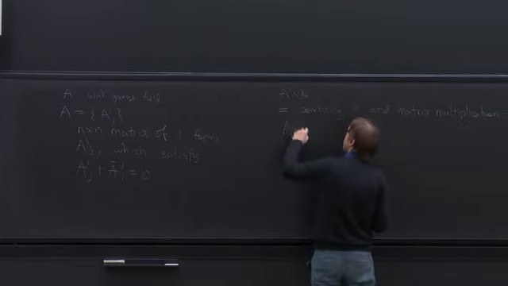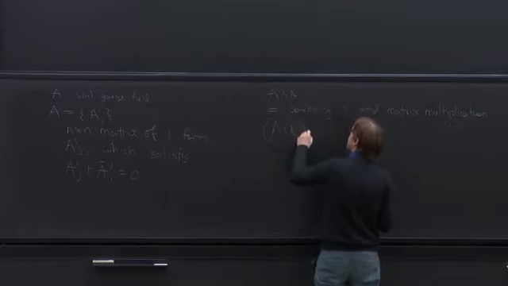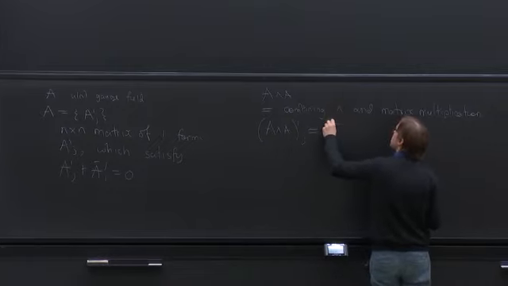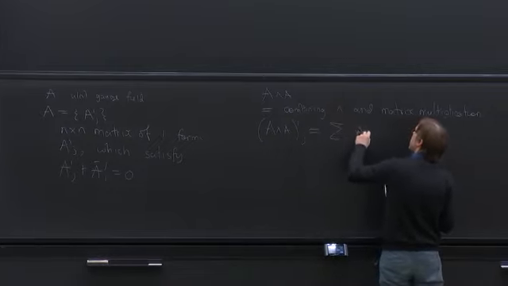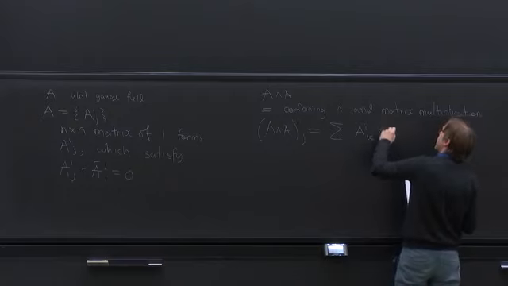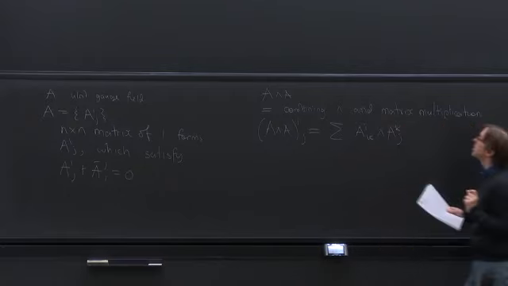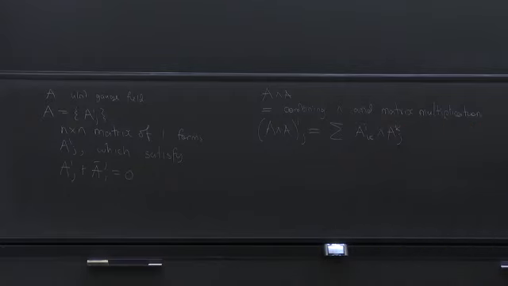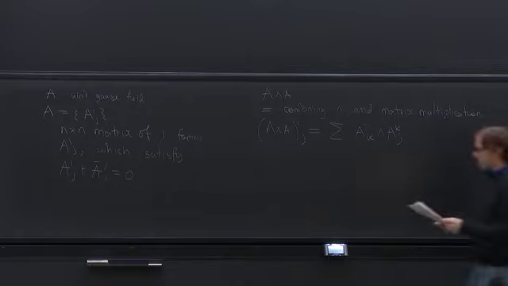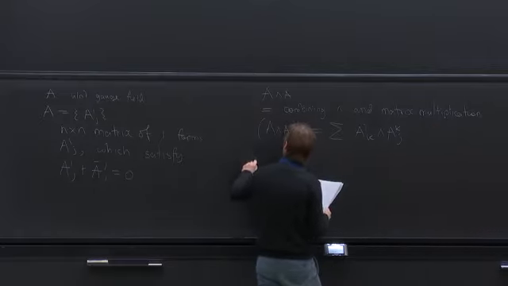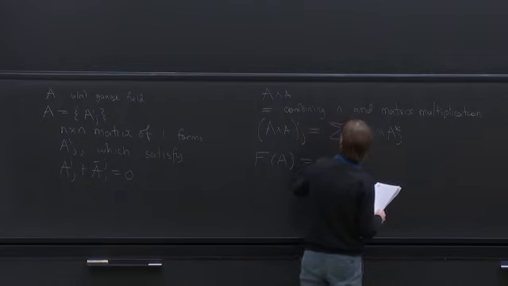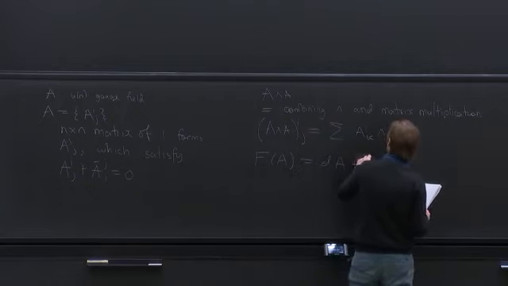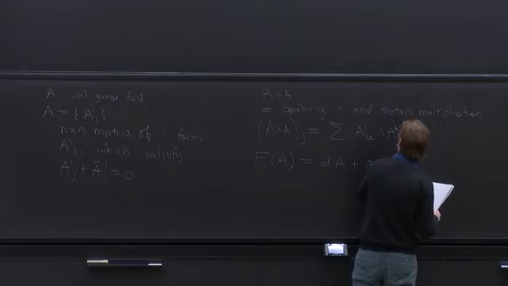The ij component of A wedge A is equal to the sum over k of A_ik wedge A_kj. So just like you would multiply matrices, except now we're also including the wedge of one forms instead of multiplying scalars. In this notation, the field strength looks like dA plus A wedge A.